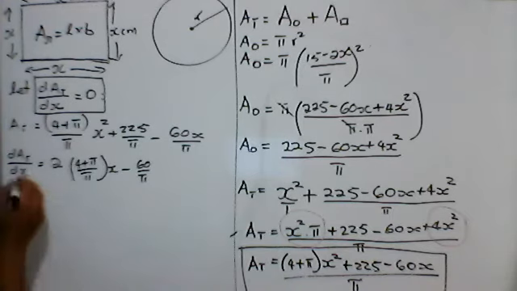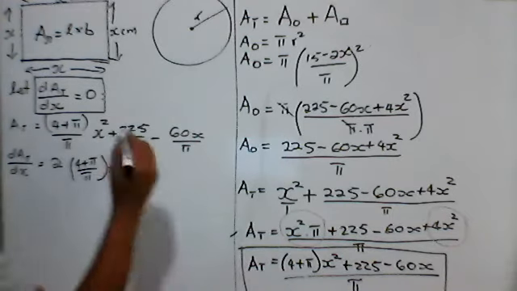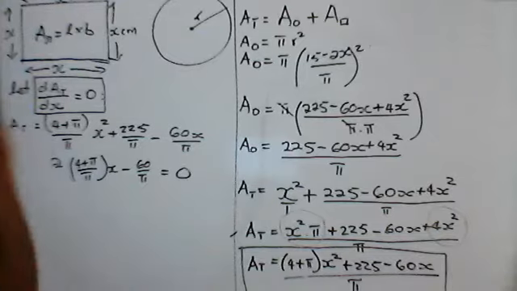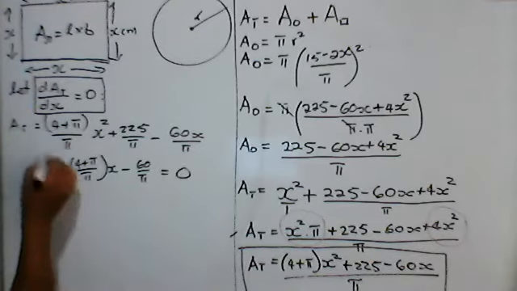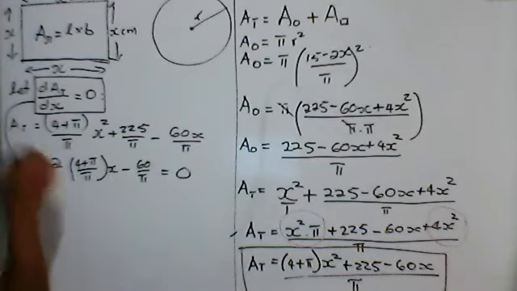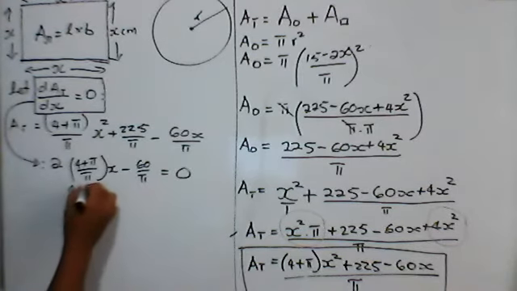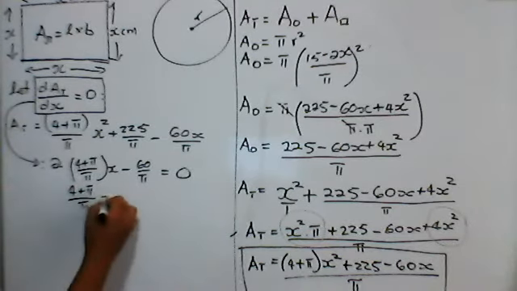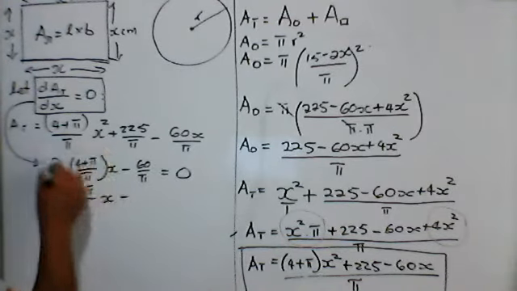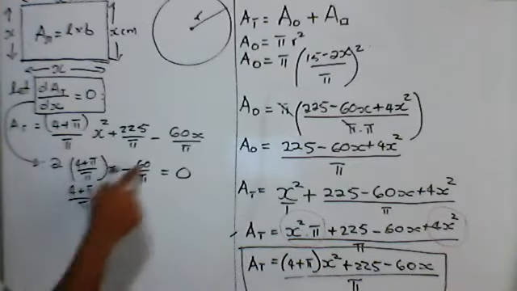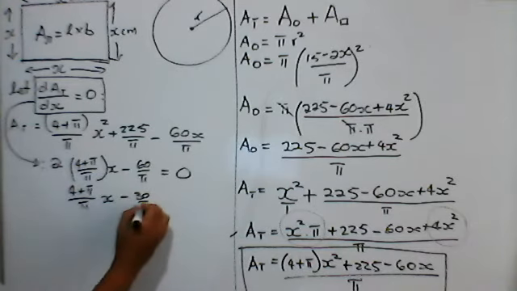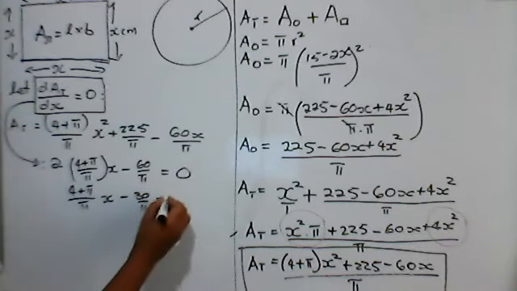So if we do that, because of space, I'm just going to write it there. That derivative, and you let it be equal to 0, that's what you would get. Righty then, how best to solve this? I can divide everything by 2 first. Dividing everything by 2, we get (4 plus pi) divided by pi times x minus, the 2's divide to give you a 1, 60 divided by 2 is 30 over pi, and that is equal to 0.